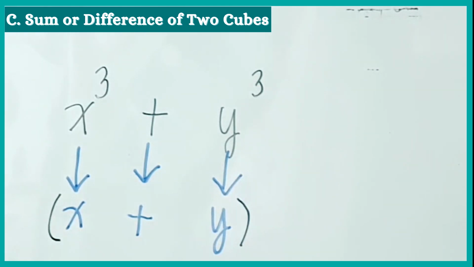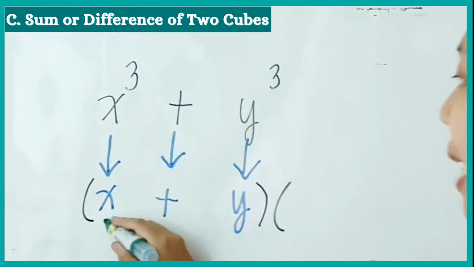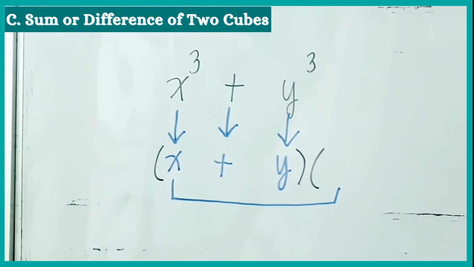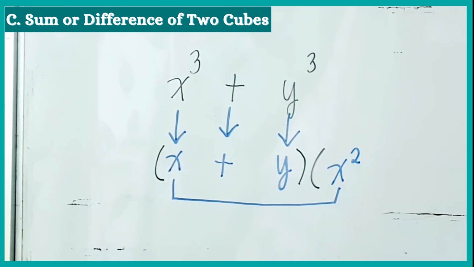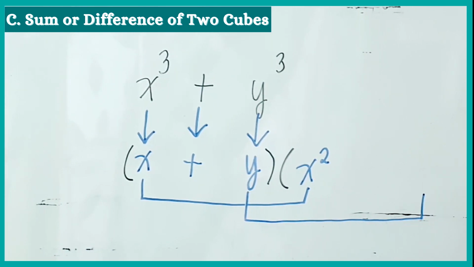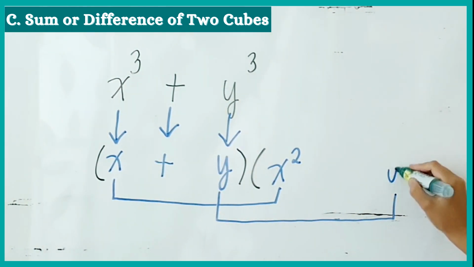We have a second factor, and it is a trinomial. Let us now have our second factor. First, get the square of the first term of the binomial factor. The square of x is x squared. Next, get the square of the second term of the binomial factor. The square of y is y squared.